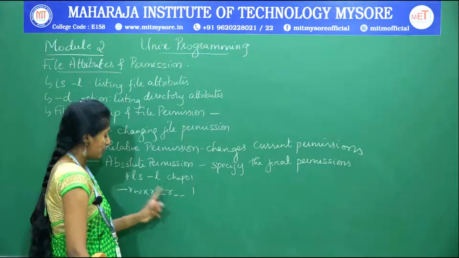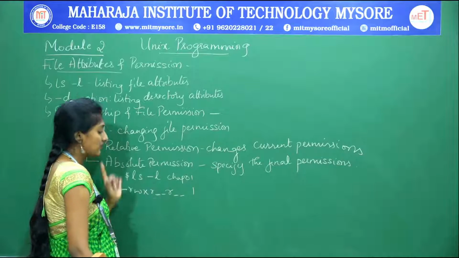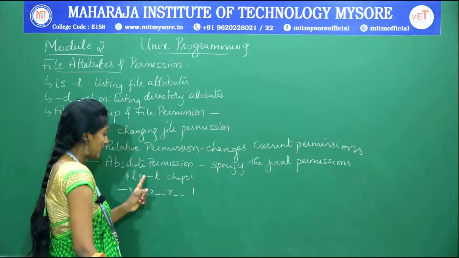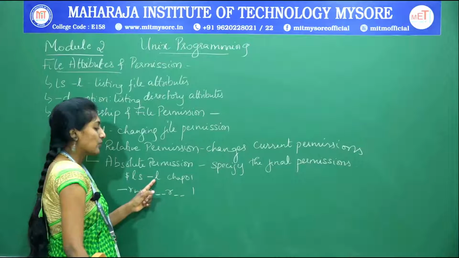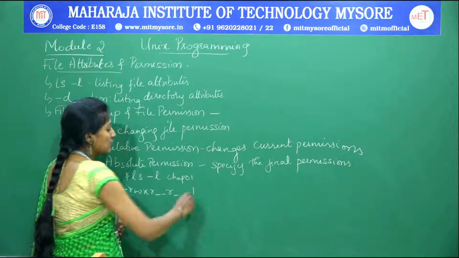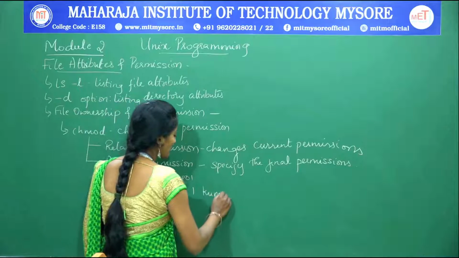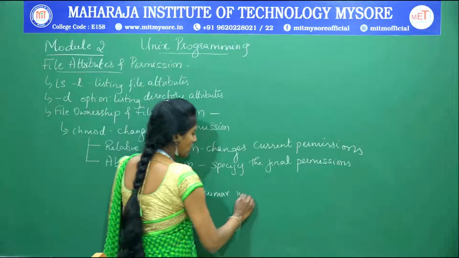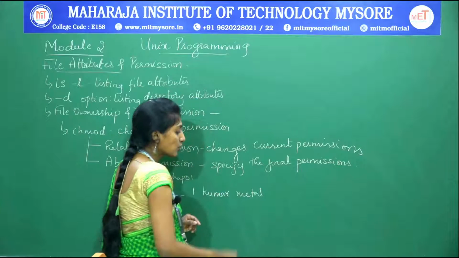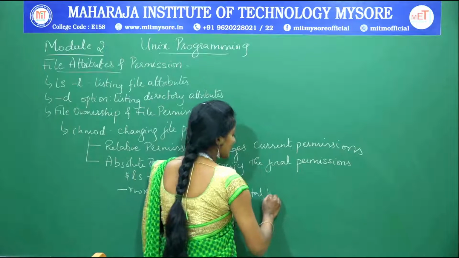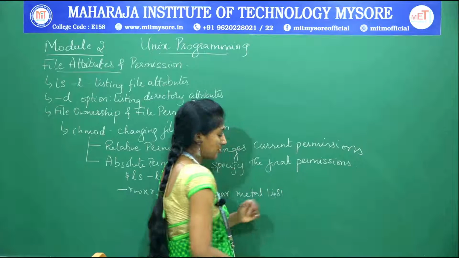The permission and attributes of that particular file will be displayed in this format if you execute ls with the option -l. So it belongs to some user, then to some group, followed by the size of that particular file.